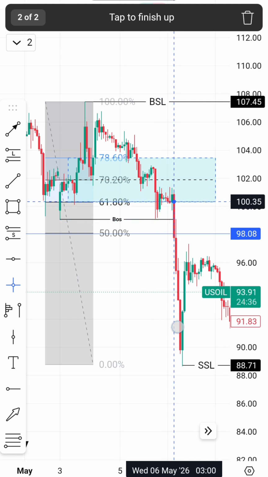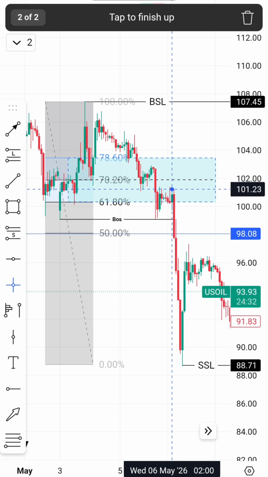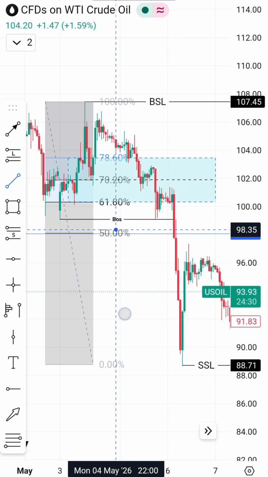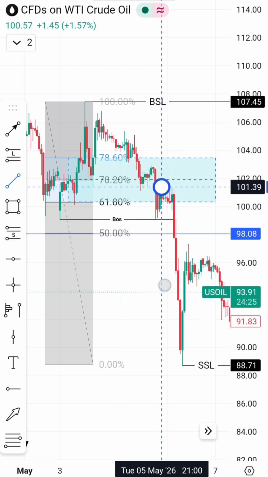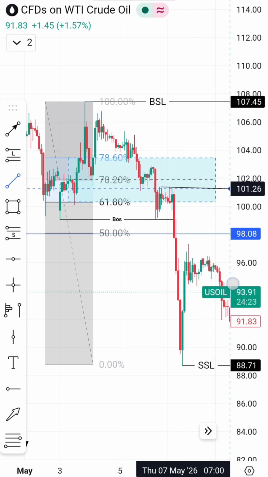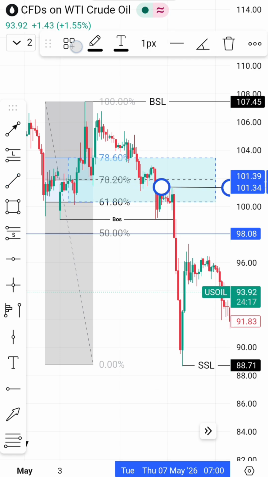So this high, you can see this high. Let me draw it. You see this high will become a liquidity. That zone is a liquidity by itself.